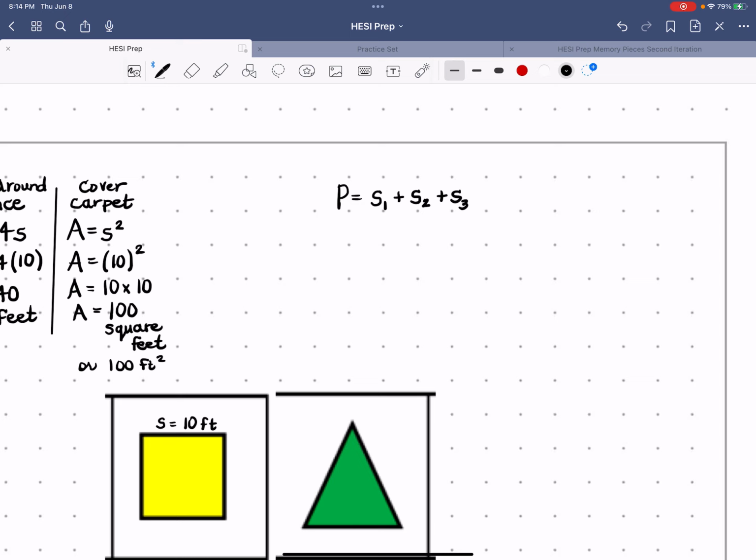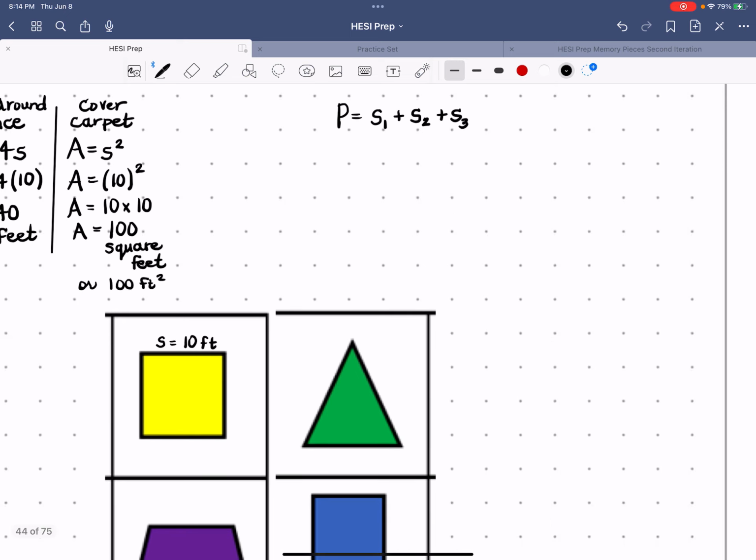Exponents are up at the top. Those are superscripts. These are subscripts, and they're just telling you the lengths of the sides. I think this looks like an isosceles triangle. So let's say that this side is 15 feet, which would mean that this one is also 15 feet. And maybe the base is 10 feet.